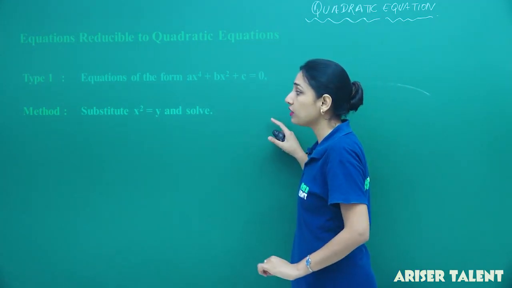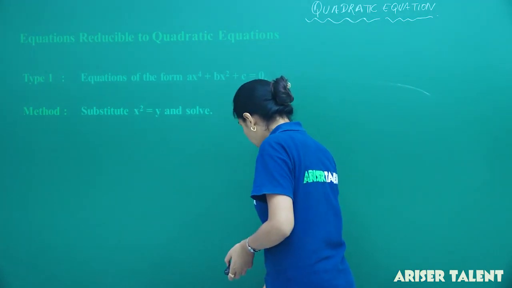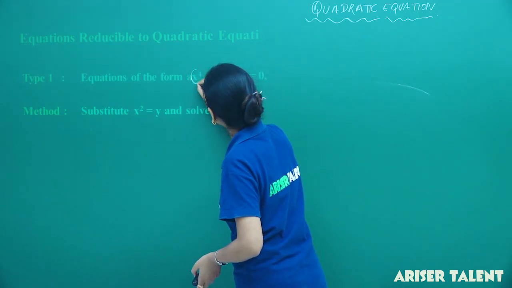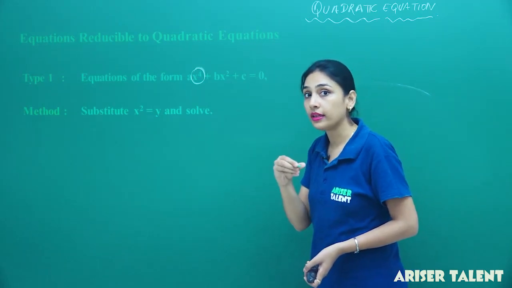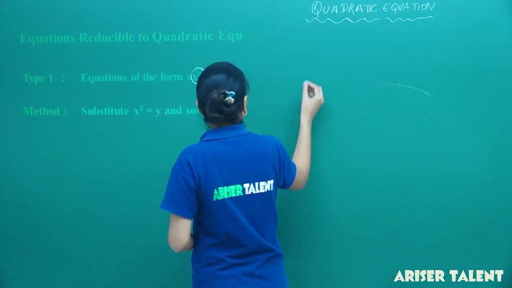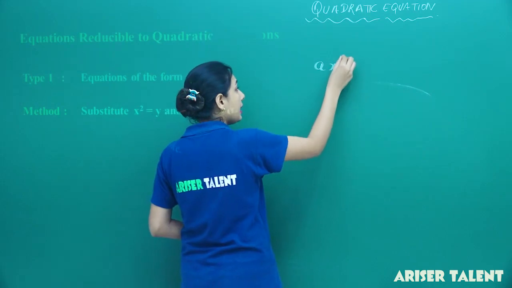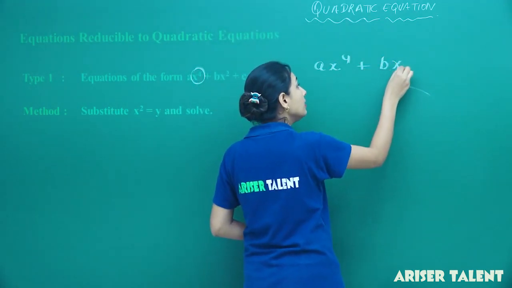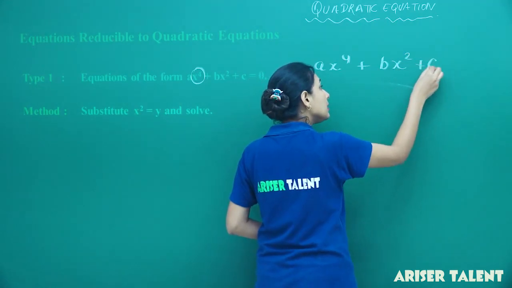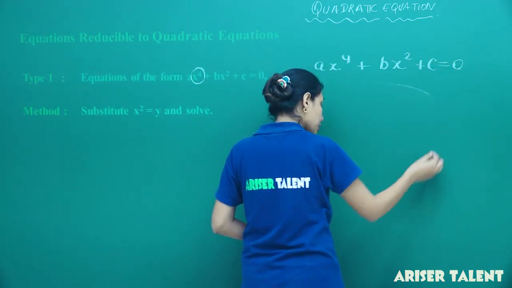If this is your equation, what will you do? You will just substitute x square equals to y. Now, what will happen to this? You are given the equation ax raised to power 4 plus bx raised to power 2 plus c equals to 0. This is our type 1 equation.